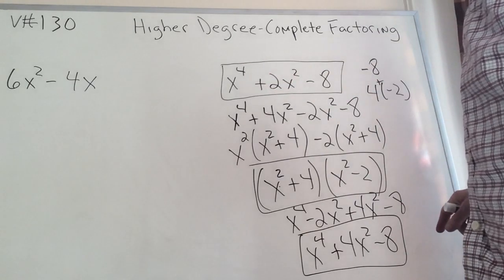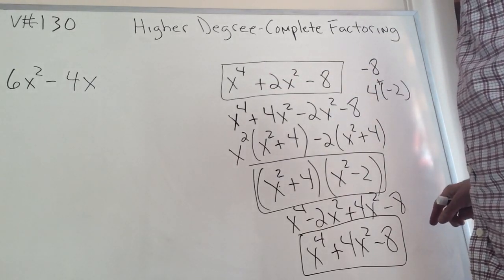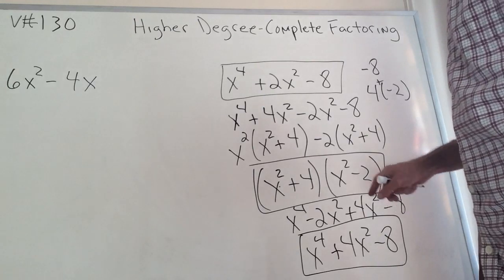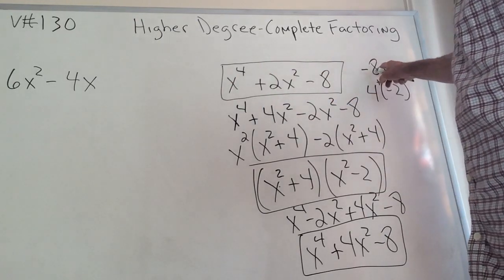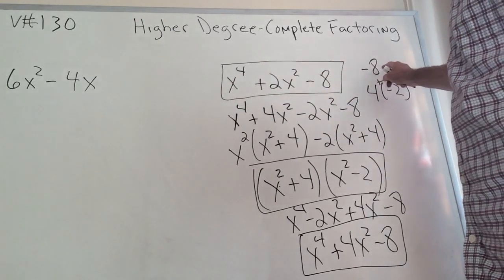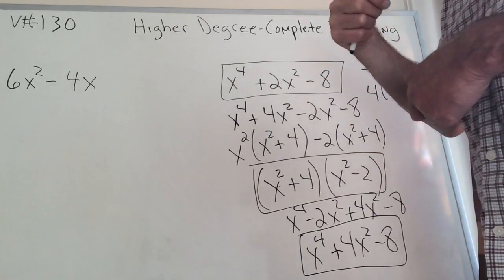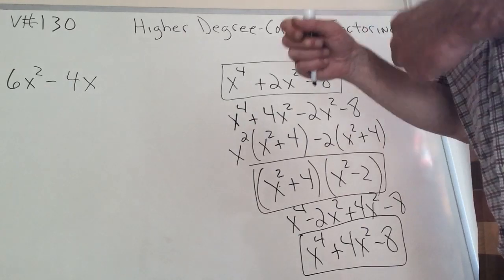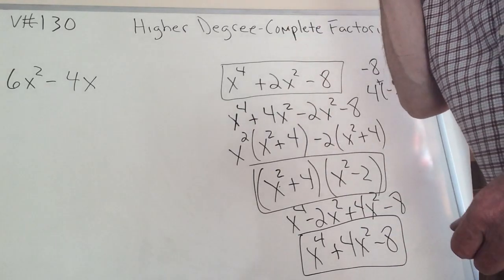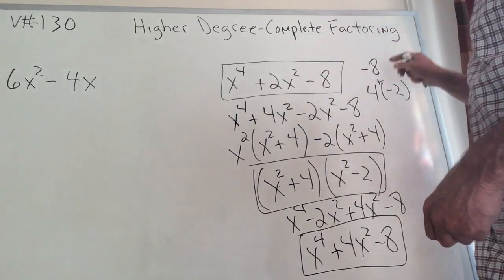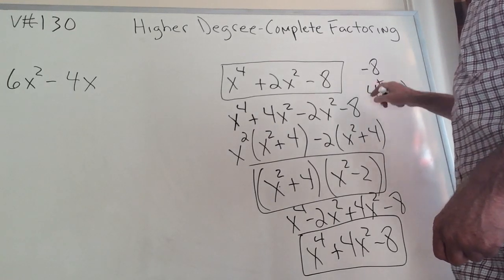So I look at this, and I just treat it the same way I've been doing all along. 1 times -8 is -8, as you can see here. And the middle term is +2. So it's got to be a positive times a negative, where the positive is bigger than the negative. So many times we've taught you that. And so 4 times -2 is -8.